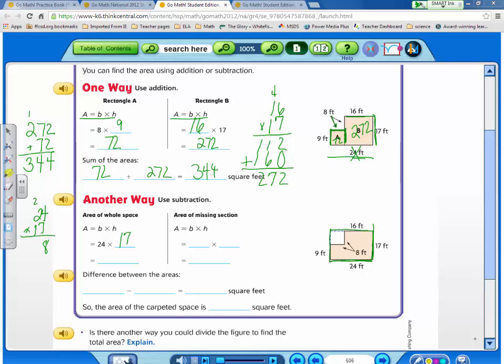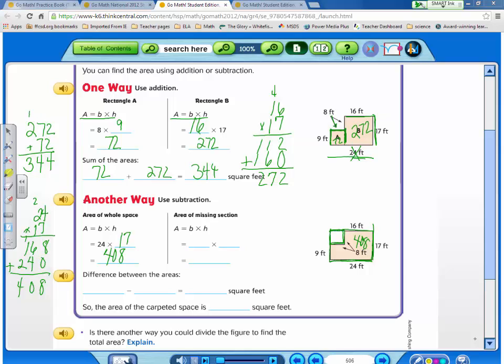2 times 7 is 14, and 2 is 16. Start with a 0. 4 times 1 is 4. 1 times 2 is 2. Add my partial products. 8, 10, 408. Okay, now I need to find the area of this. This is 408, but I'm taking out this little box right here.